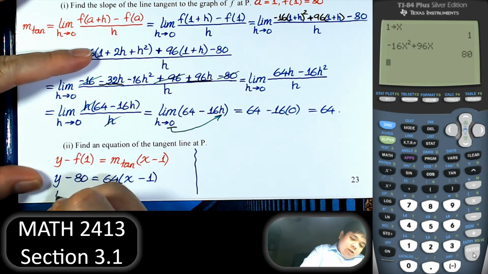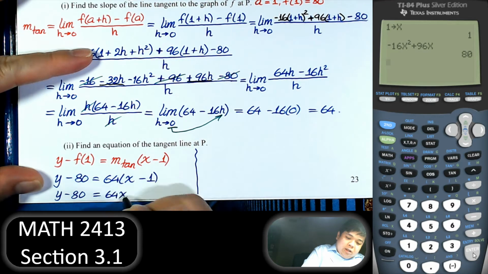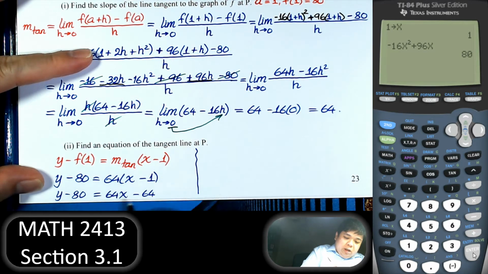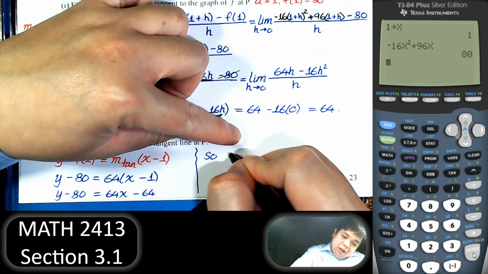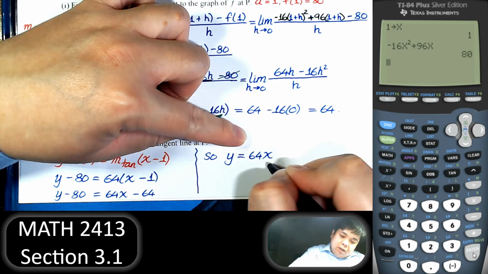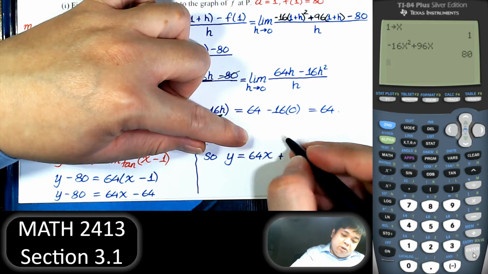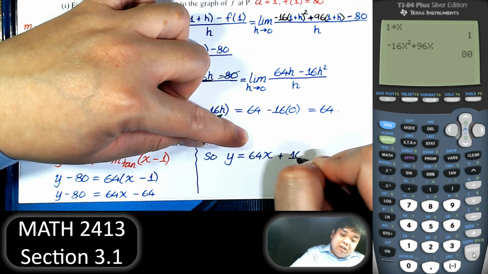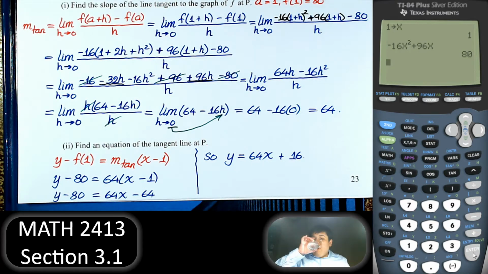Multiply it out: 64x minus 64, and plus 80 on the other side. So y equals 64x plus 16. 80 minus 64, that's 16. Right, so that's what we have.